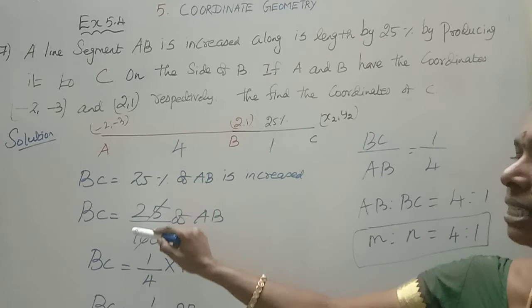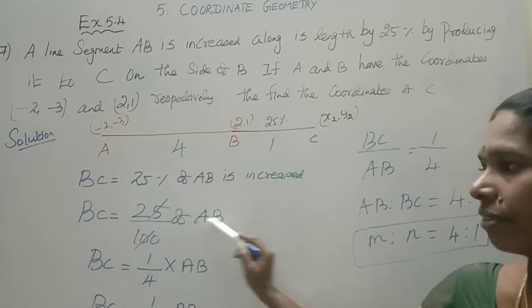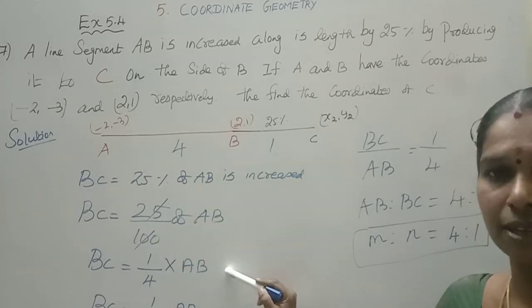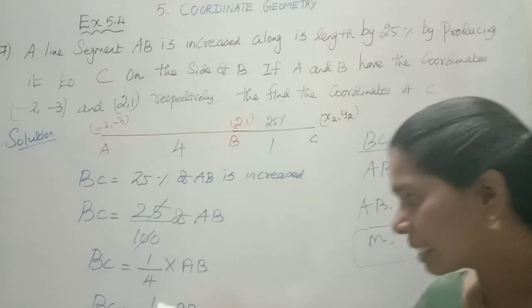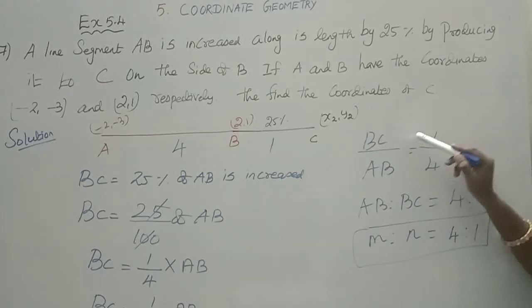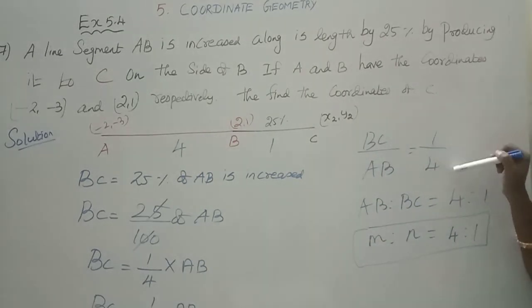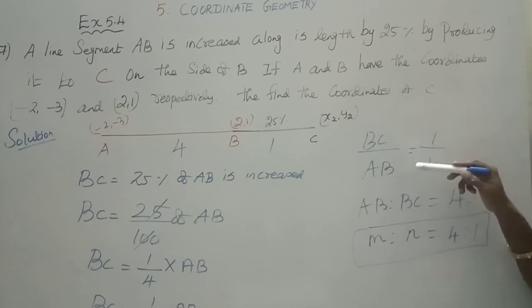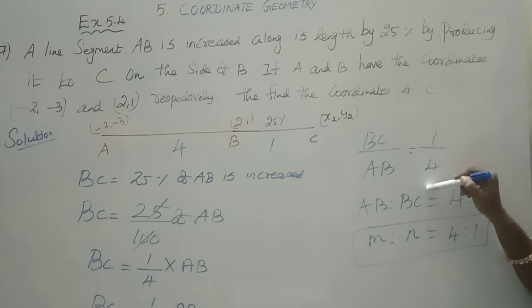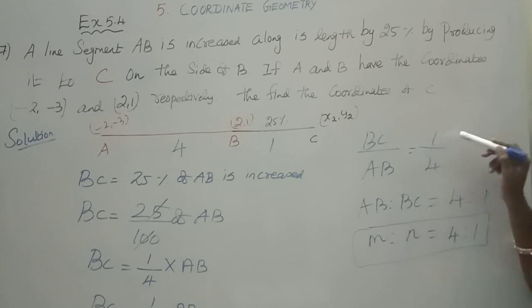The percentage means by 100. 25 by 100 of AB gives 1/4 of AB. Converting this into a ratio, BC by AB equal to 1:4. So AB gets value 4 and BC gets value 1. So AB is to BC equal to 4 is to 1.